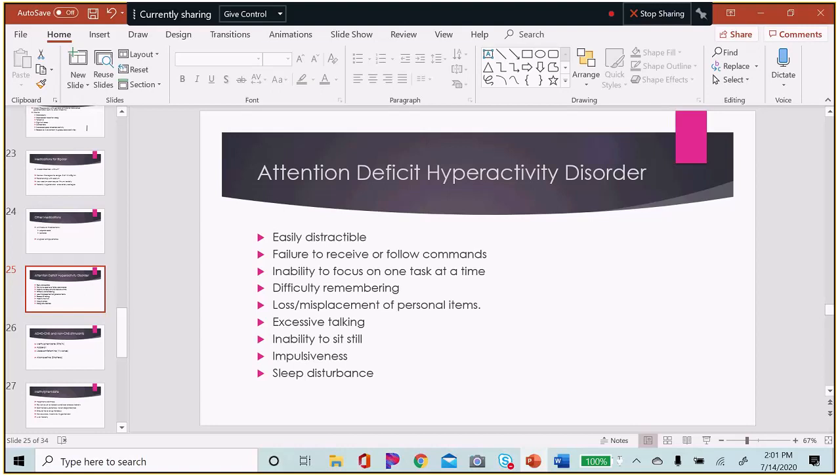Attention deficit hyperactivity disorder on the low end is kind of normal. Some of these things are normal child things. They are distractible. They don't always want to follow commands. They might have an inability to sit still. I mean, that's just normal for a toddler or a young school-age child.